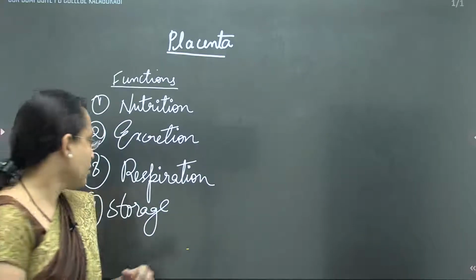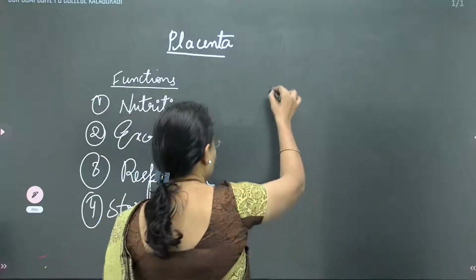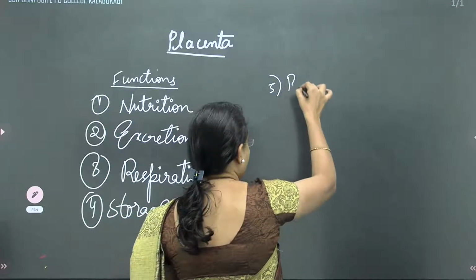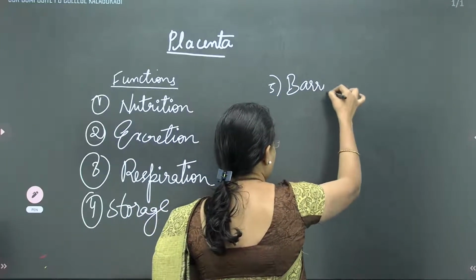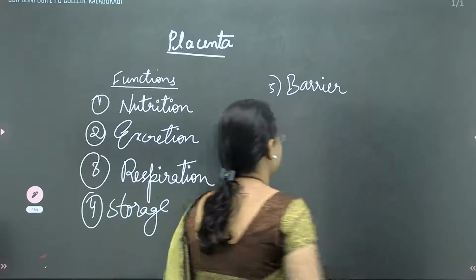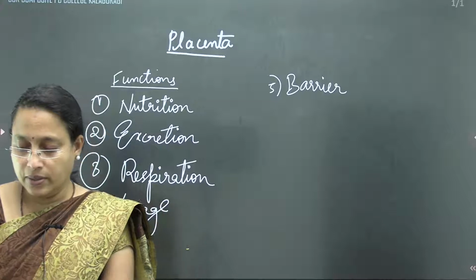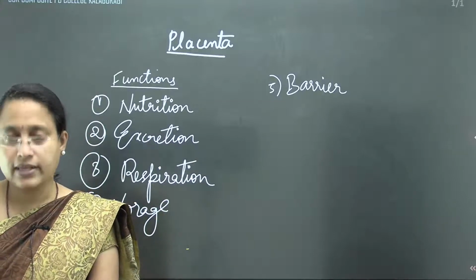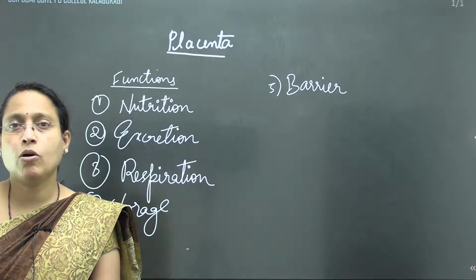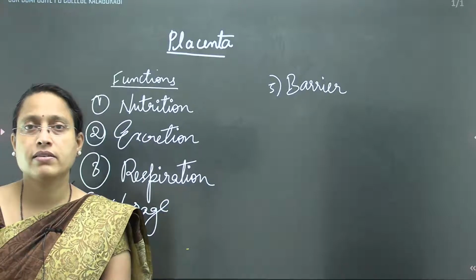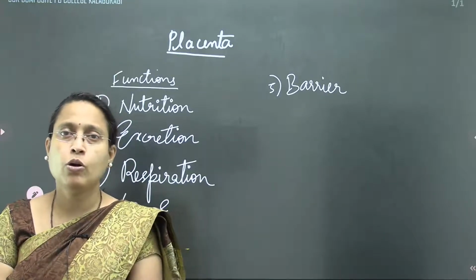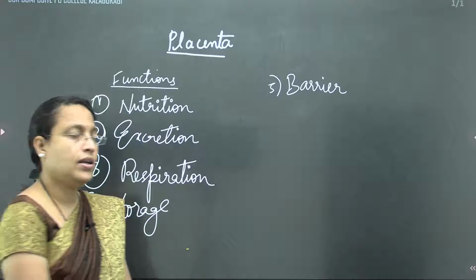Okay. So the next function of the placenta is that it acts as a barrier. See here, barrier means it prevents mixing or entry of certain substances from outside so that they will not reach the placenta.